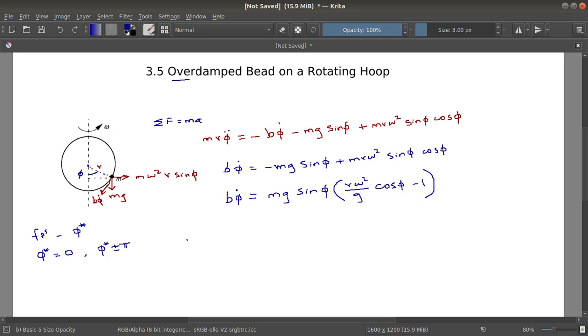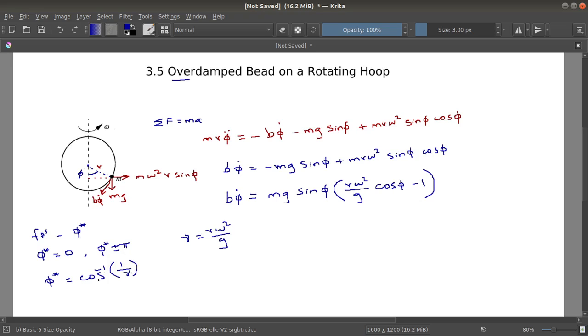For simplicity, let me consider gamma is equal to r omega square by g. It will go to 0 when phi star is equal to cos inverse of 1 by gamma.